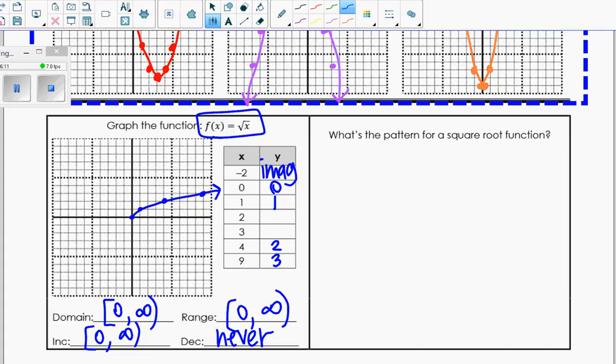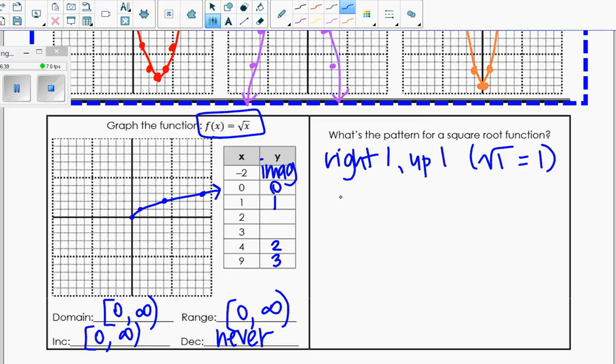Okay, so if you think about your pattern, we talked about our input-output pattern for quadratics. Input of 1 was 1 because 1 squared was 1, 2 squared was 4, 3 squared was 9, right? Here, if you go right 1 from your critical point, which I'll talk about in a minute, you're going to go up 1 because the square root of 1 equals 1.